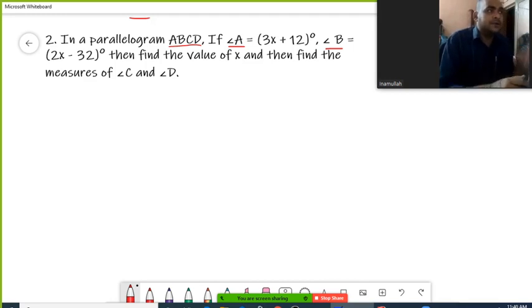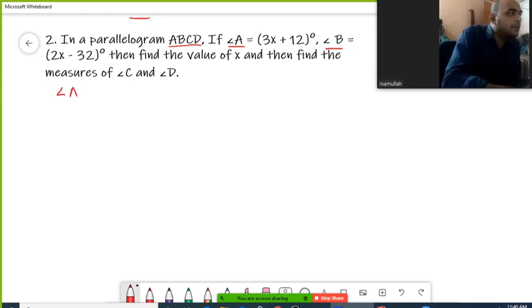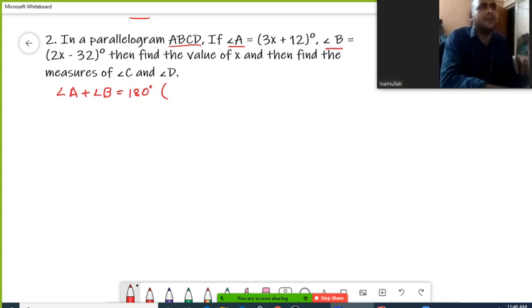That is, after A we have B. So that indicates A and B are adjacent angle. So here we can say angle A plus angle B should be 180 degrees. And reason you can give, adjacent angles of a parallelogram which supposed to be supplementary.